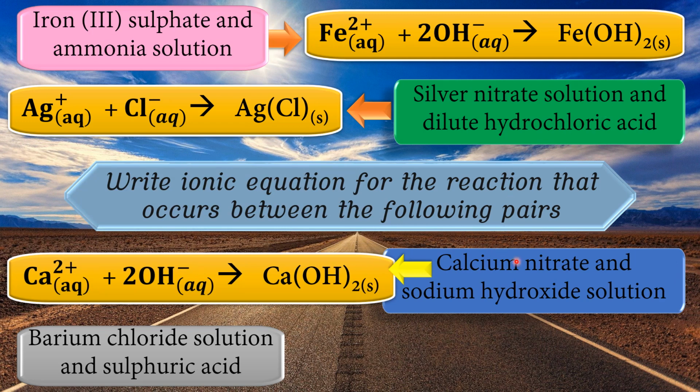Then we have calcium nitrate and sodium hydroxide solution. Calcium nitrate will provide the calcium cations, and sodium hydroxide solution will provide the hydroxide ions. The calcium cations and hydroxide ions will react together to form calcium hydroxide, which is a precipitate.